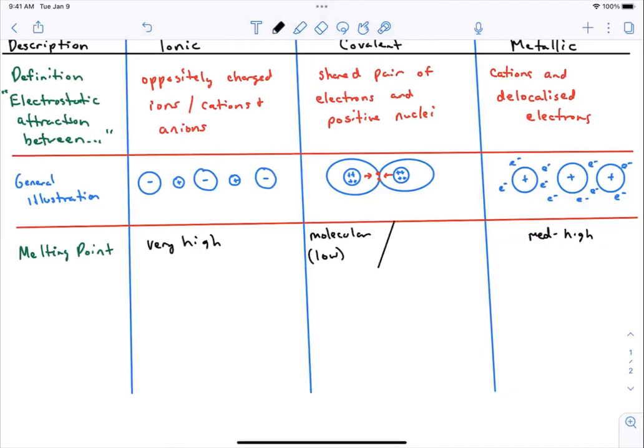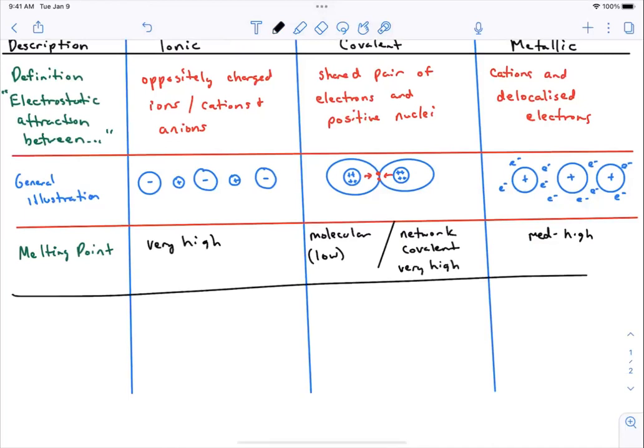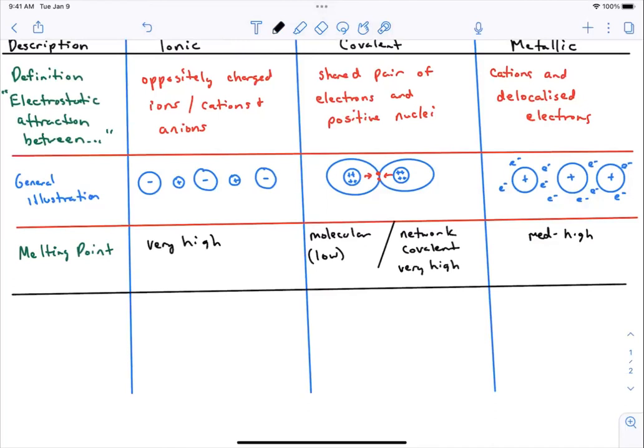But network covalent, like diamond and graphite, have very high melting points. So you do want to be careful about the differentiation between those types of covalent molecules. But yes, most independent molecules that aren't network covalently bonded have very low melting points.